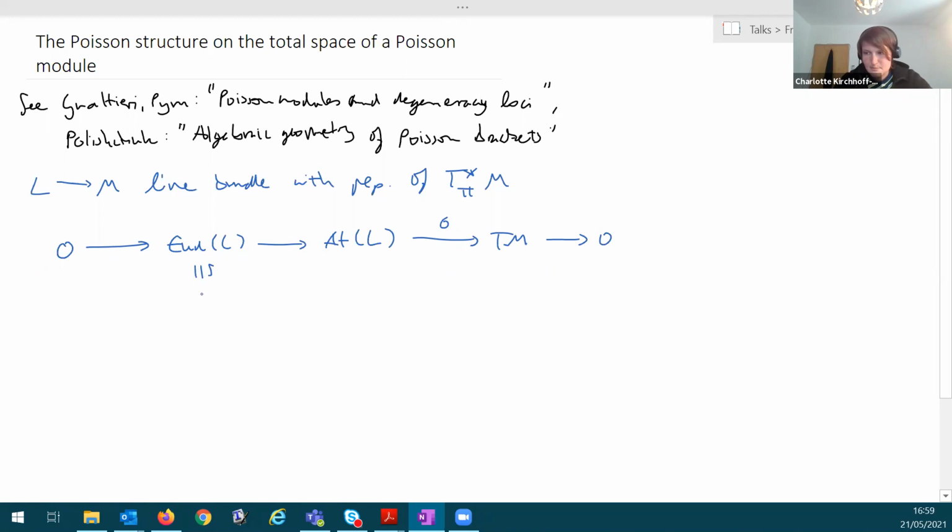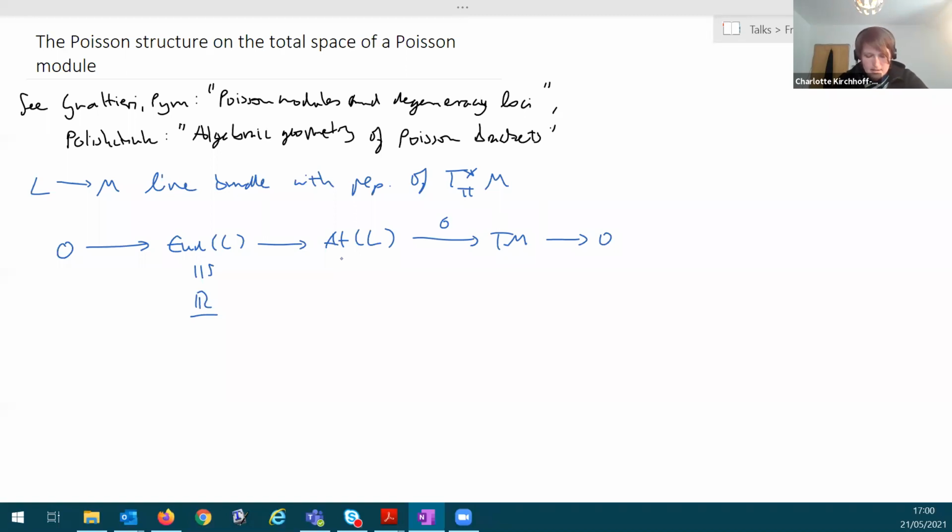And in this case, because L is a line bundle, this is actually just trivial. And what's important is that derivations of a vector bundle are always in one-to-one correspondence with linear vector fields on the total space of the vector bundle, which hopefully most of you have also seen.